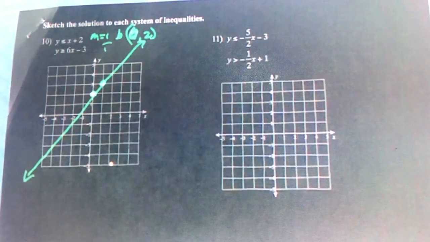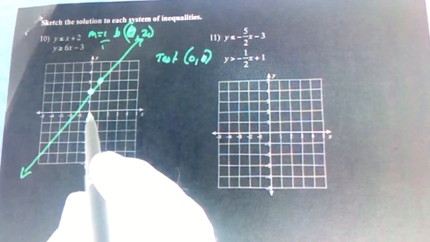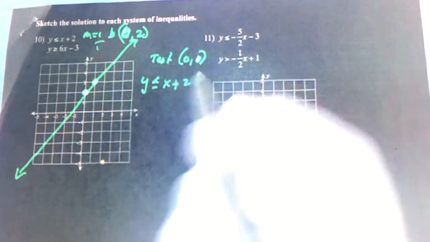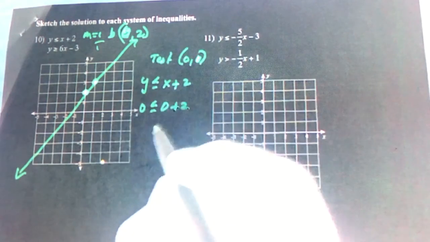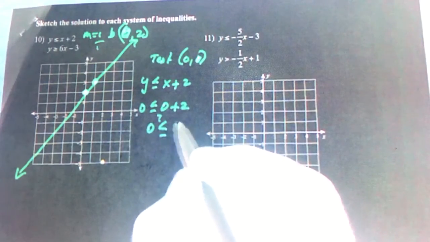We're going to make it long and extend it right away because we have to work on the shading with the other one. Now I'm going to shade it right away because I'm going to test the point 0, 0. I want to know whether 0, 0 is a solution to this inequality. y is less than or equal to x plus 2, so I put 0 in for y and 0 in for x, which is essentially asking the question, is 0 less than or equal to 2?